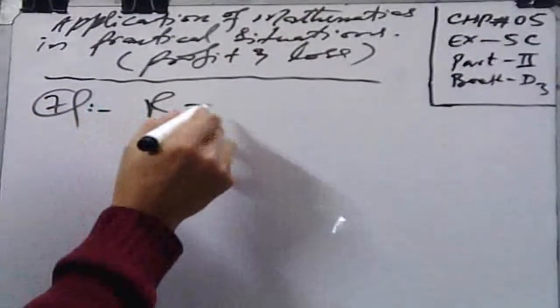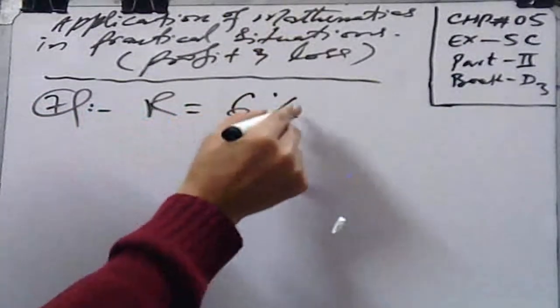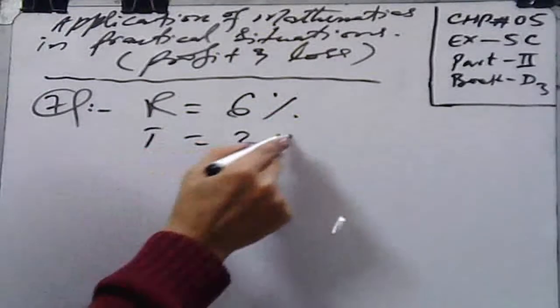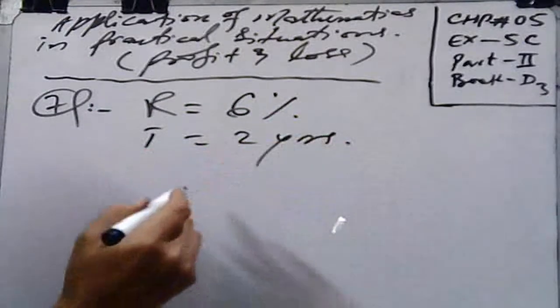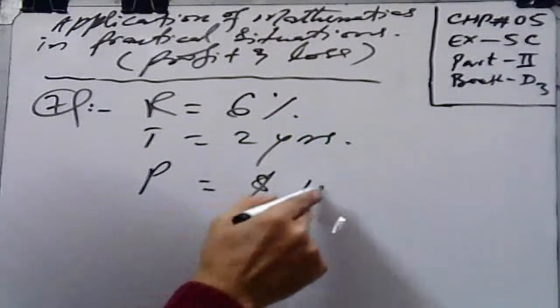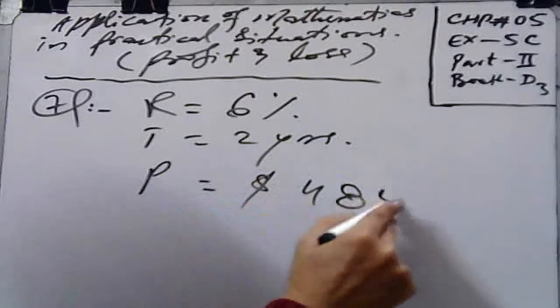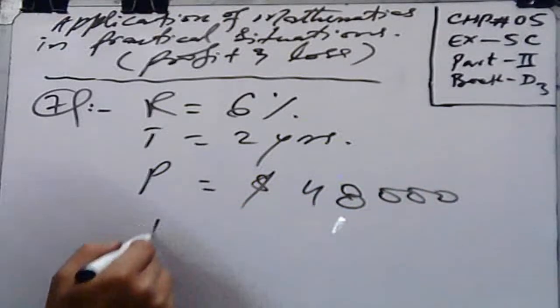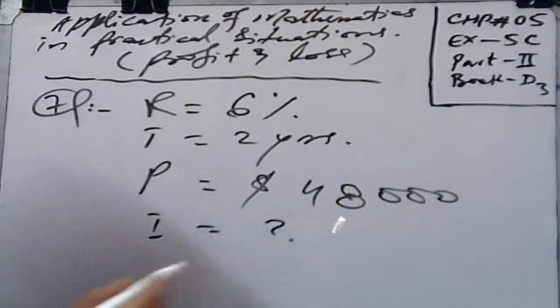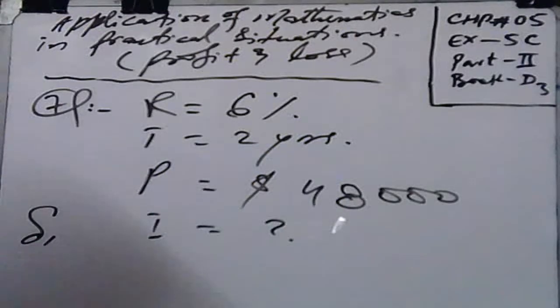That is rate of interest clearly given 6% and time period for 2 years, and principal amount is $48,000 and simple interest we have to find. Very much simple formula, since we have a formula that is PRT divided by 100.